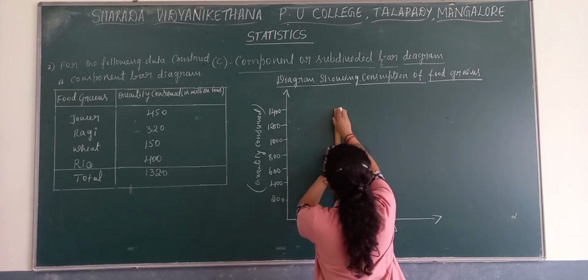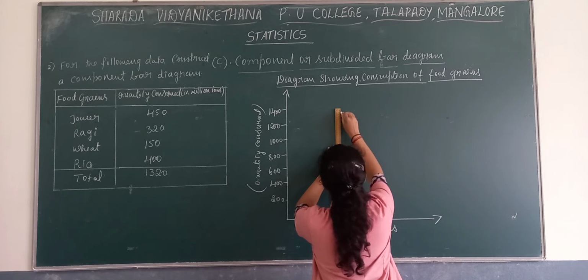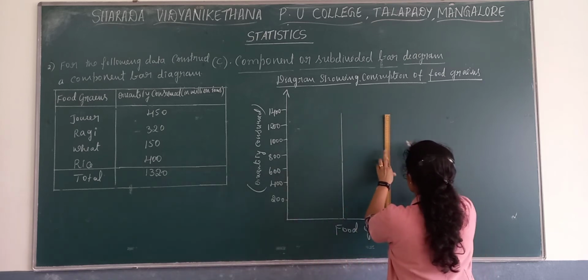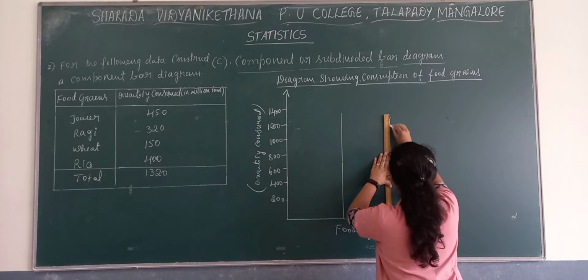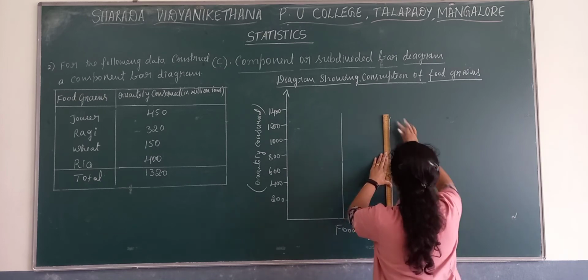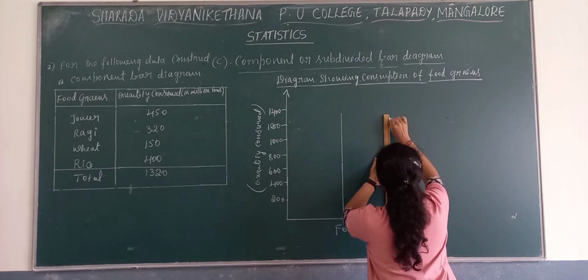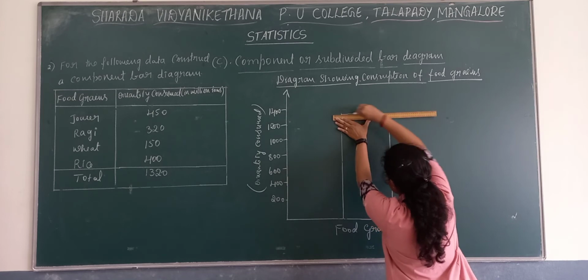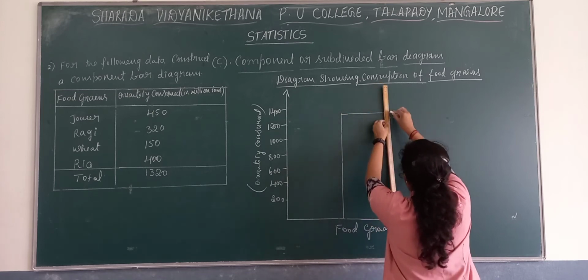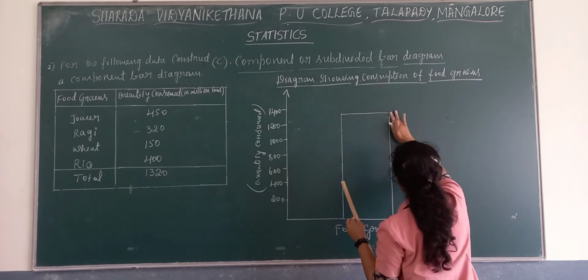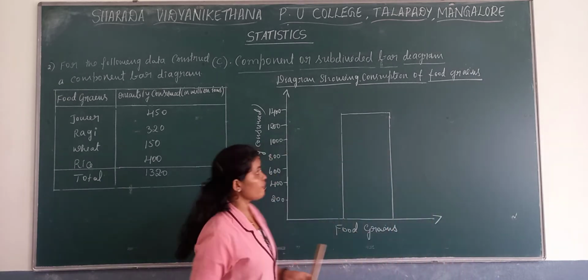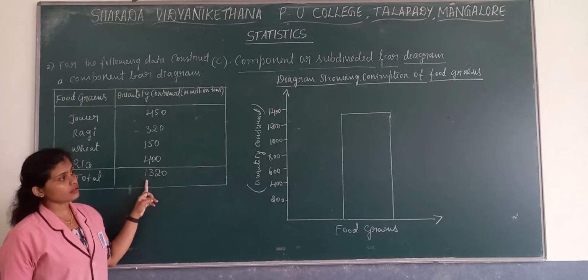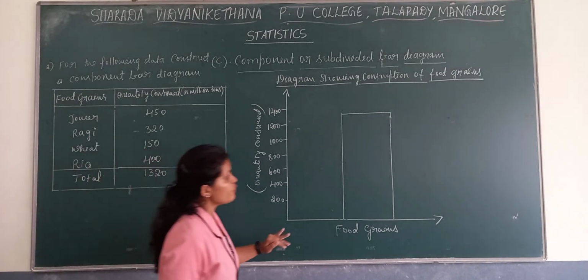Here is 1200, so 1320 will come a bit above that. So here we have drawn the bar to the total of 1320. Now we have to divide this bar.